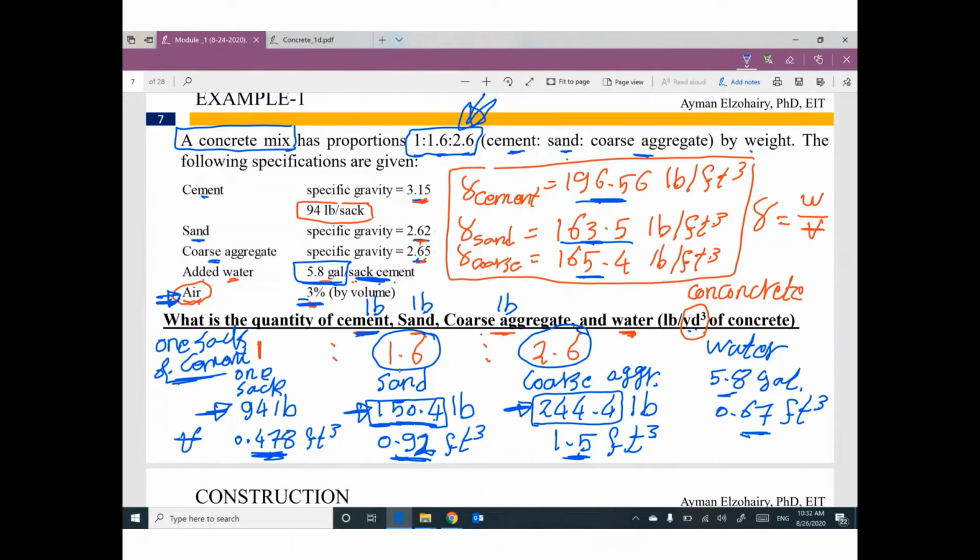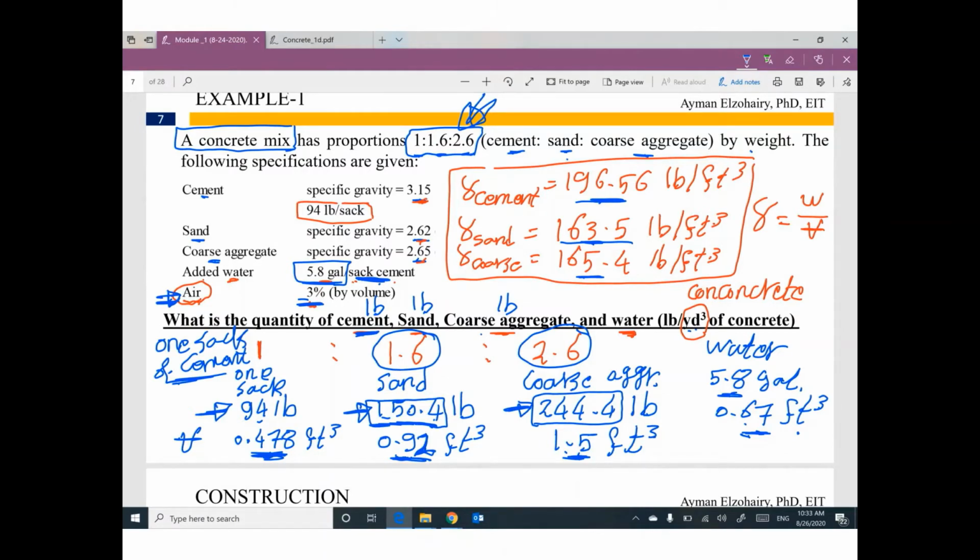I then convert this weight to volume, and water is already in volume, but I convert it from gallon to cubic feet. I added these volumes together, and don't forget to increase this volume by 3% for air.